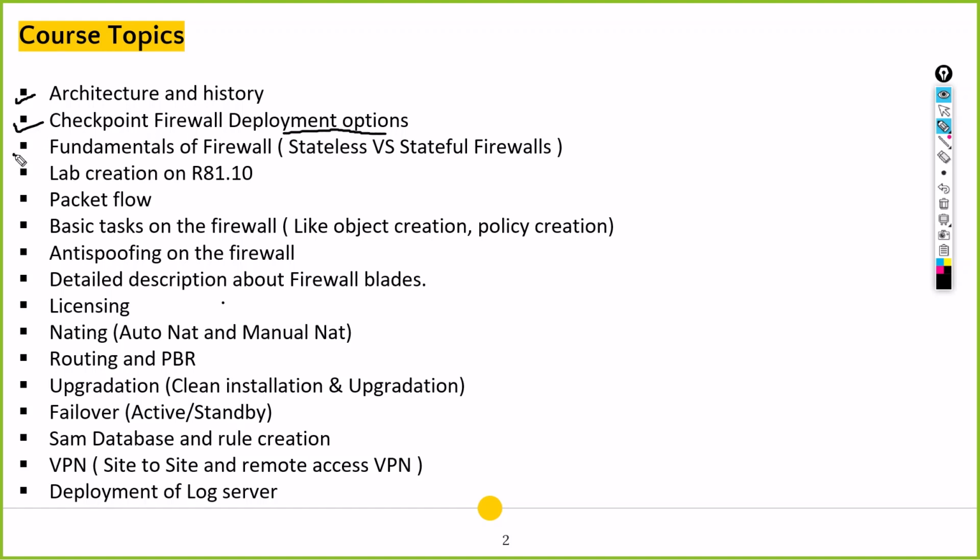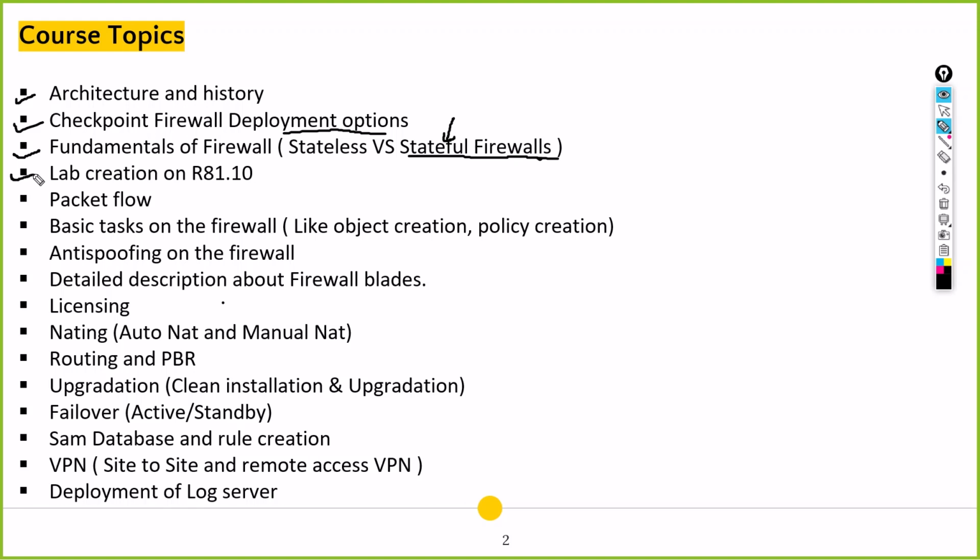Then we'll see the fundamentals of firewalls. When you start learning any firewall, we know that firewalls work on the stateful inspection feature. This feature was actually introduced by Checkpoint itself, because this vendor has been in this field from the beginning.